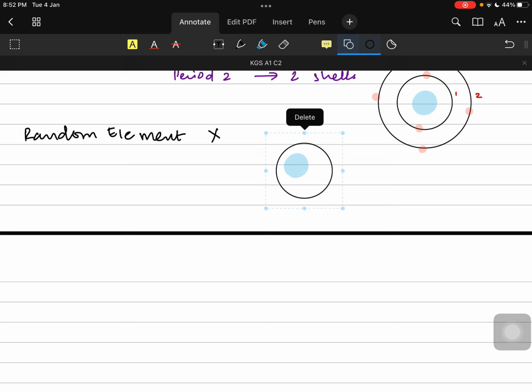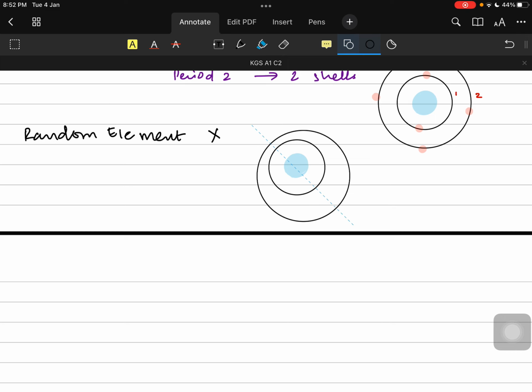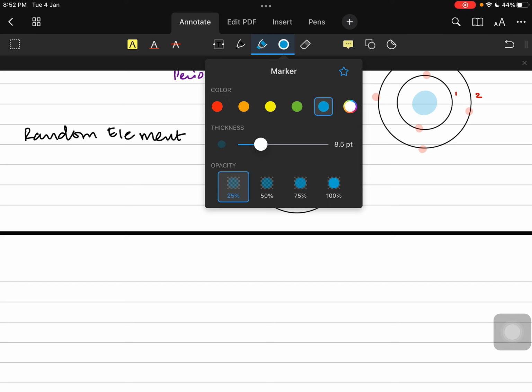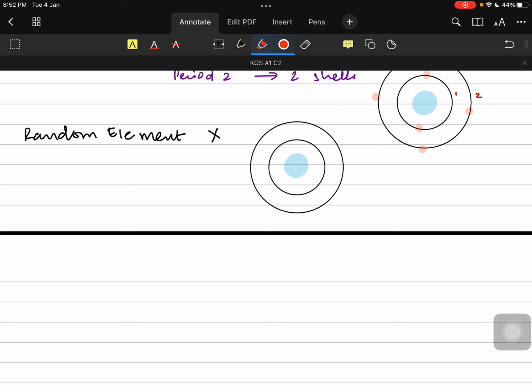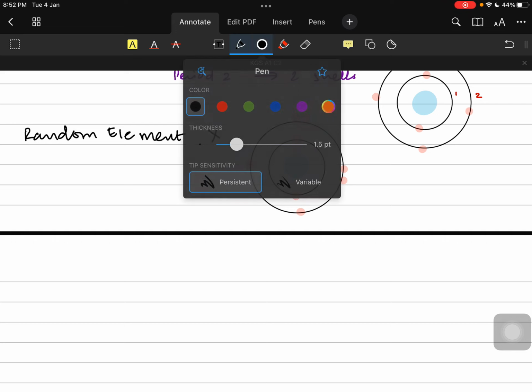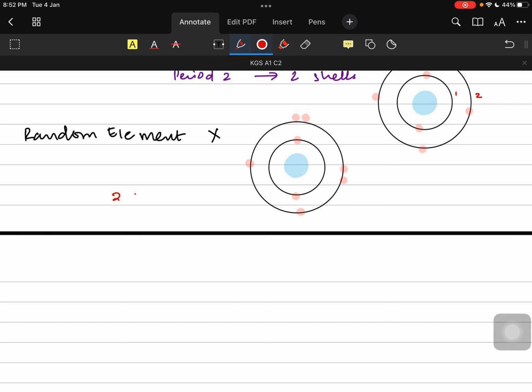It has shell number 1 and another shell number 2. Let's see how many electrons it has. It's all random. I have the structure with me. 1, 2, 3, 4, 5, 6. It has 6 electrons in the last shell. I know 2 things: it has 2 shells and 6 electrons in the outermost shell.